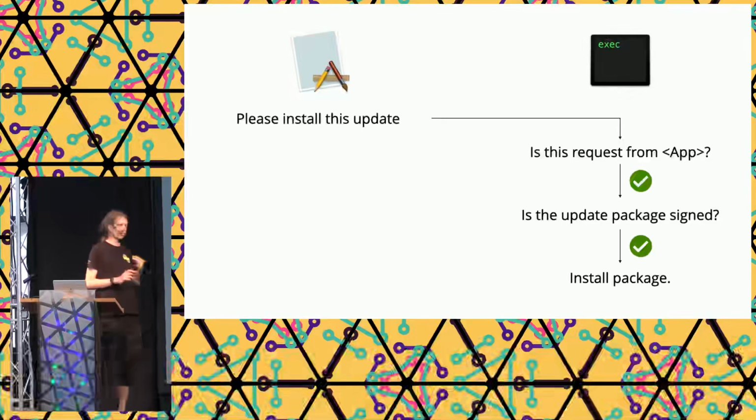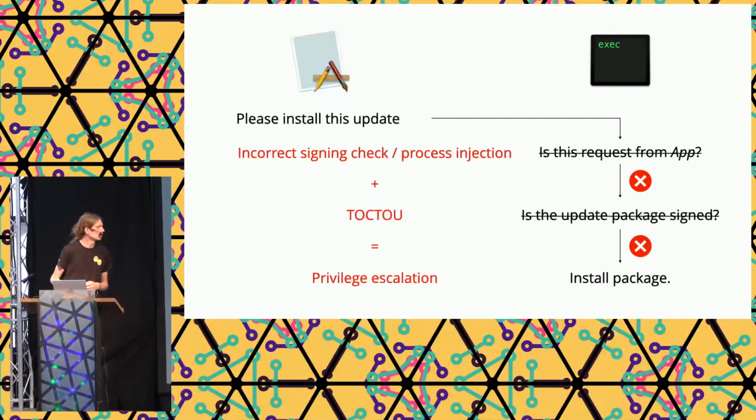Even though there are two things that can go wrong here, it is quite common that both of them are implemented incorrectly. What you can see is often an incorrect code signing check or some form of process injection, combined with a time of check, time of use vulnerability.